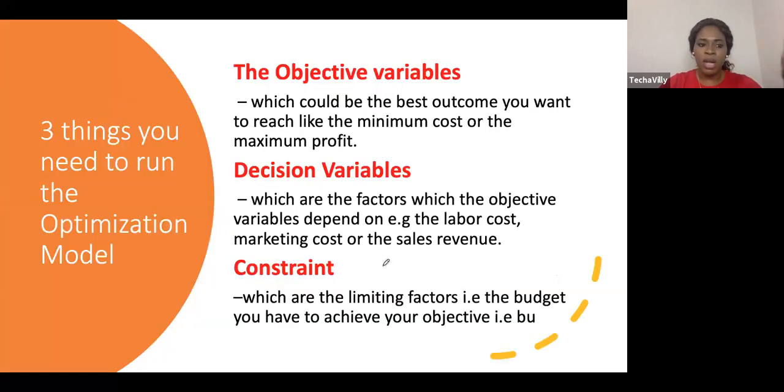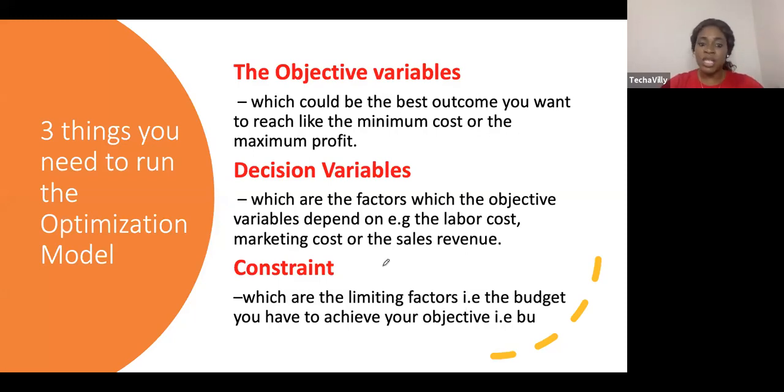But before you run an optimization analysis, you need three things. You need the objective variable, you need the decision variables, and you need constraints. Your objective variable is the best outcome you want to achieve, like maybe you want to get your minimum cost, or you want to get your maximum profit. That is the objective variable. That is what you're looking for.